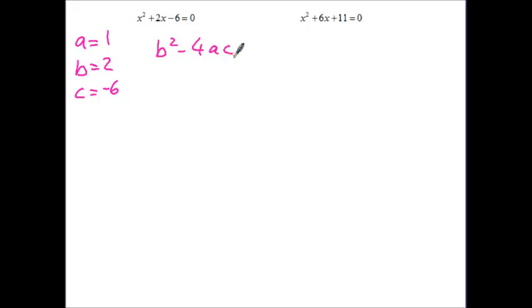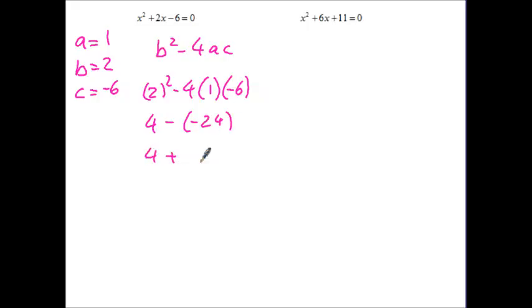Now let's plug in the numbers, see what we get. 2 squared minus 4 times 1 times -6. 4 minus -24. In other words, 4 plus 24, 28.